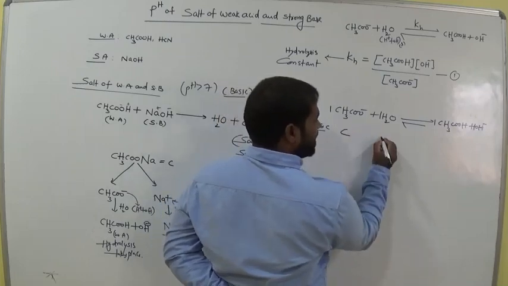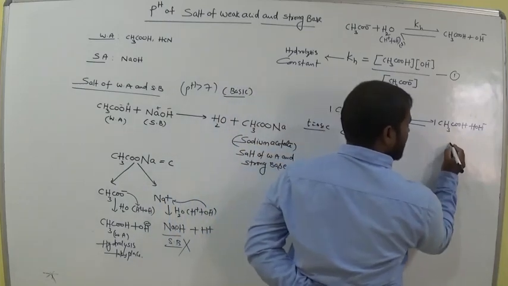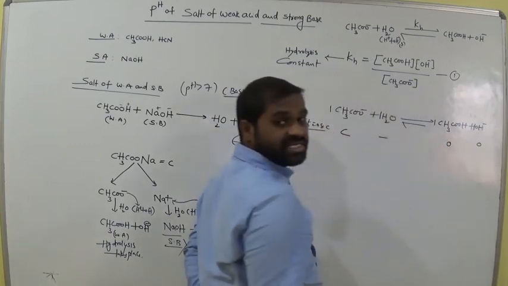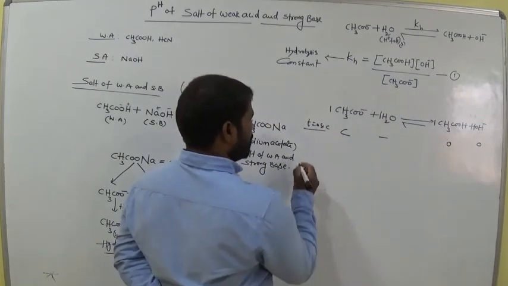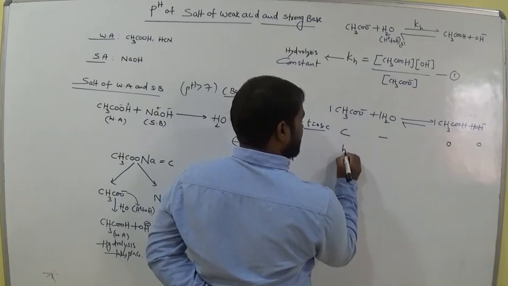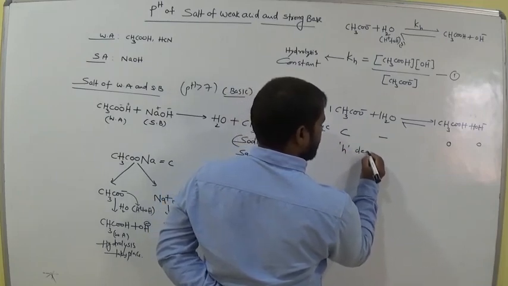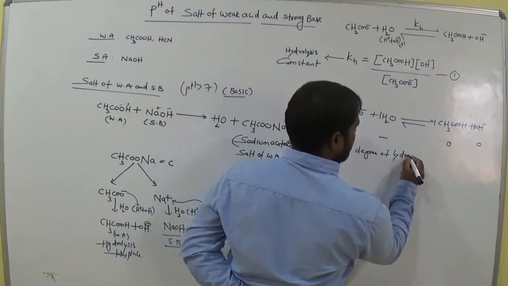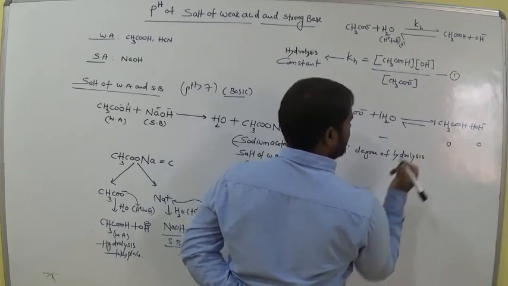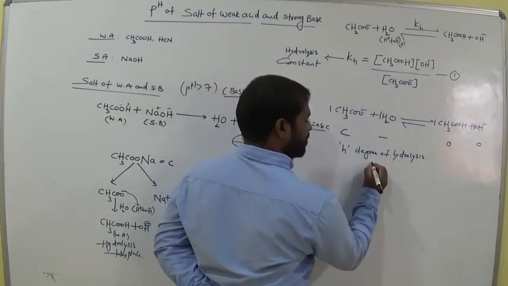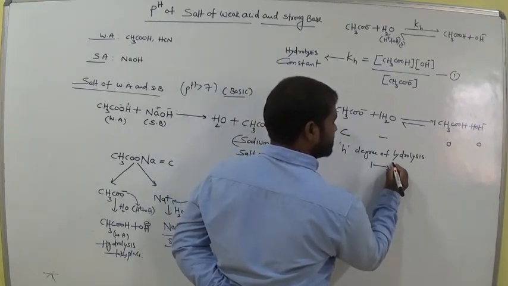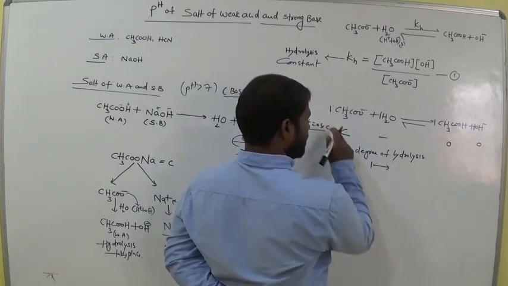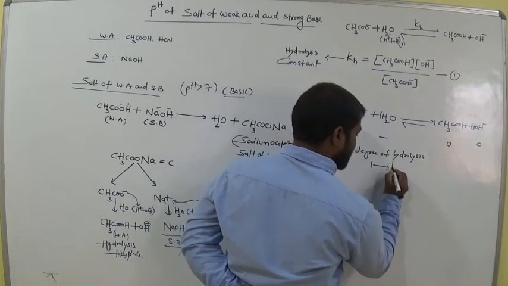For water it is constant. For the products, initially, what are the concentrations? It is 0. Now h is the degree of hydrolysis. Clear? So for 1 mole the degree of hydrolysis is h.